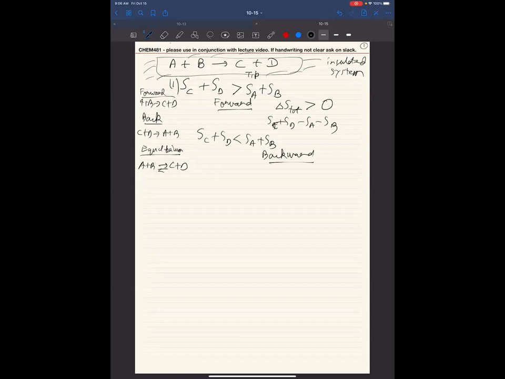So case 1, case 2, and case 3 is when SA plus SB is equal to SC plus SD. In this case, what can we say? Both will exist, probably in equal proportion, right?